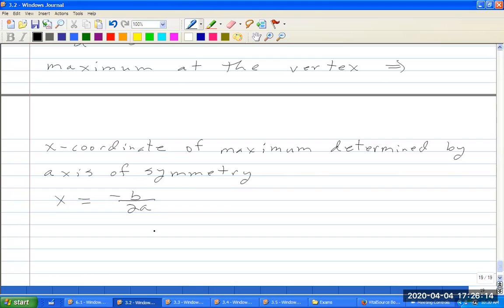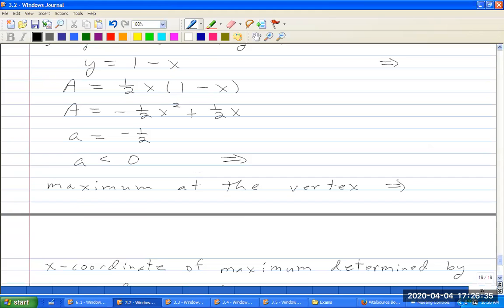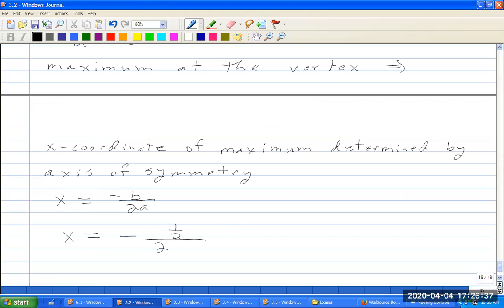B is positive 1/2, sorry, and A is negative 1/2.